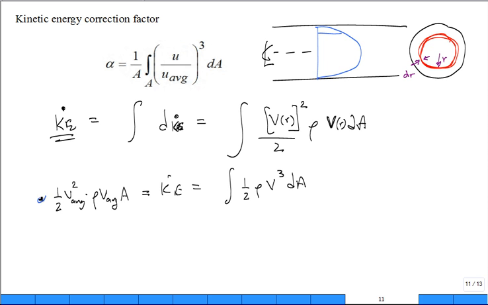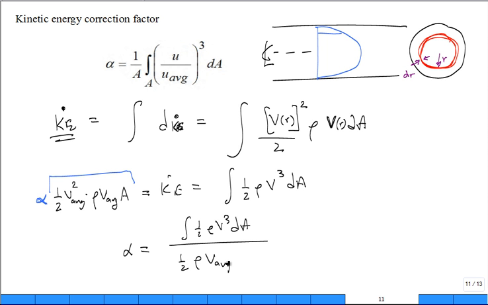We introduce a fudge factor called the kinetic energy correction factor. Now we can use our favorite form, and alpha will be close to 1 often. But we see how you define alpha. Alpha is equal to the integral of 1/2 rho v cubed dA, divided by 1/2 rho v average cubed times area.